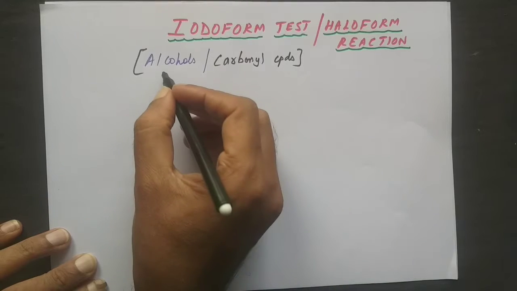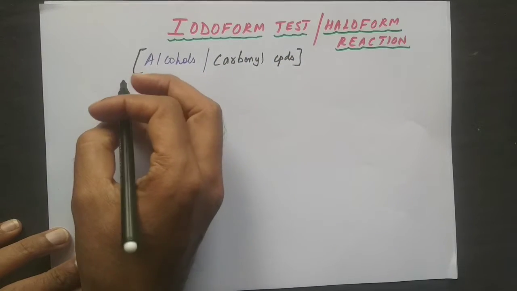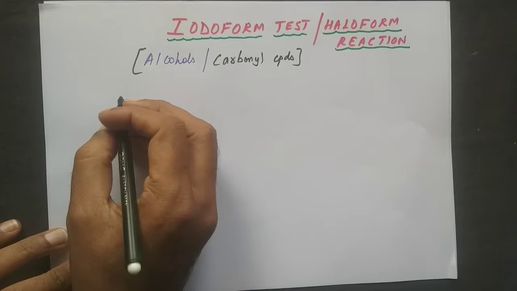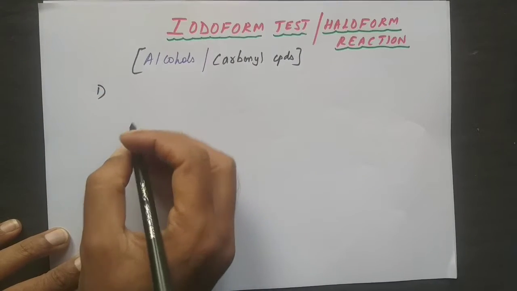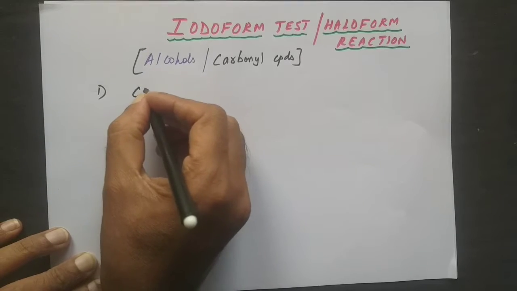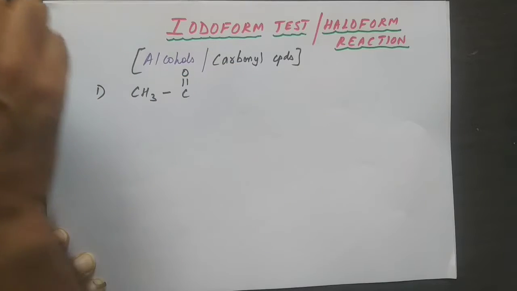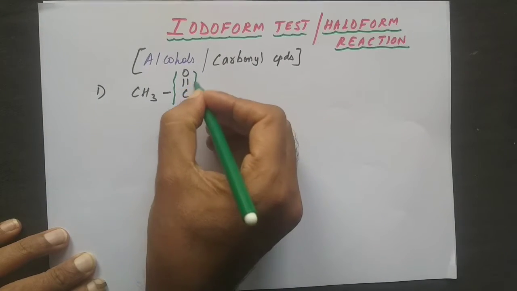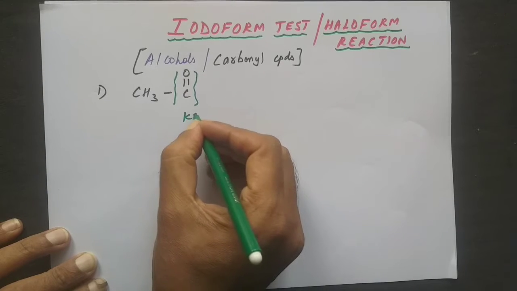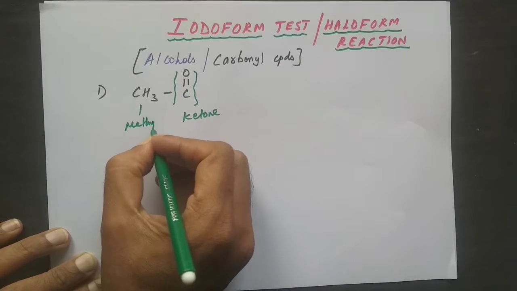So when we speak about the iodoform test now, what kind of compounds will undergo the iodoform test? Three important points we have to remember here. The first point will be compounds which have this CH3CO. Here the CO part we call the ketone, and this we know as the methyl.